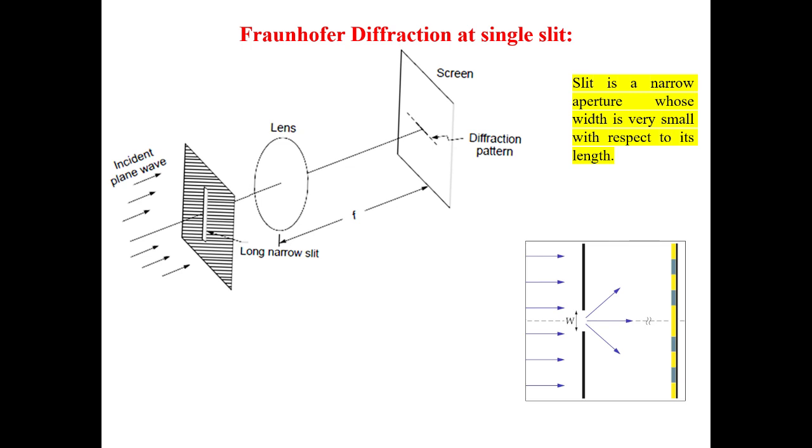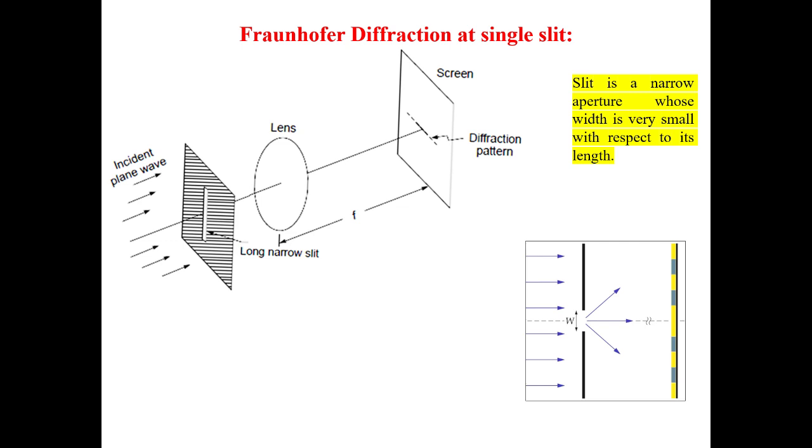So a plane wavefront hits the slit here, and to get a diffraction pattern on the screen we use a lens of very long focal length. The lens is very close to the slit and the focal length of the lens is very large.